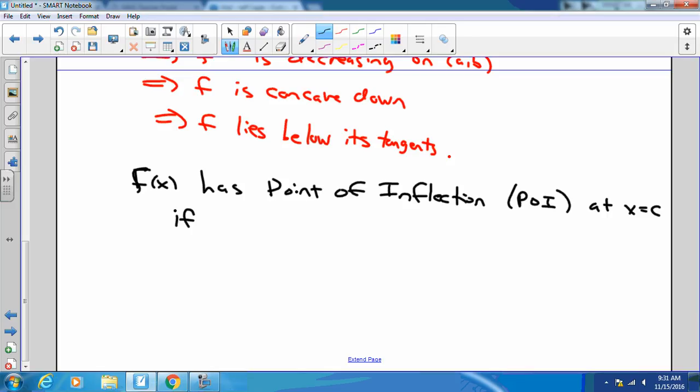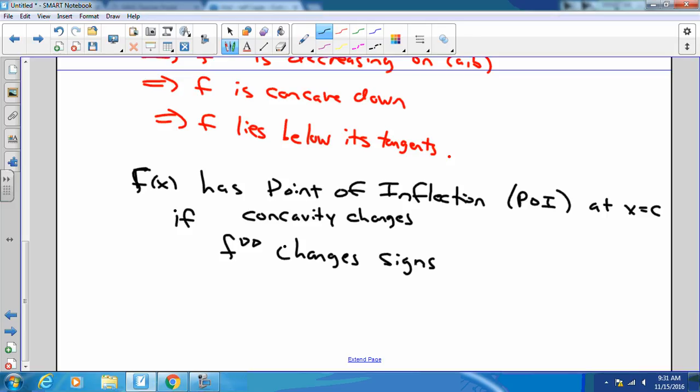Now, what can we say about points of inflection? Three things. The concavity changes. So how do I say that in terms of f double prime? f double prime changes signs. Good. And we avoid the newbie mistake of saying f double prime equals 0, right? We don't do that.